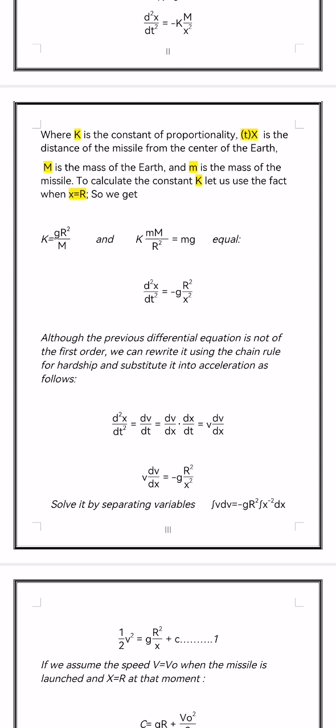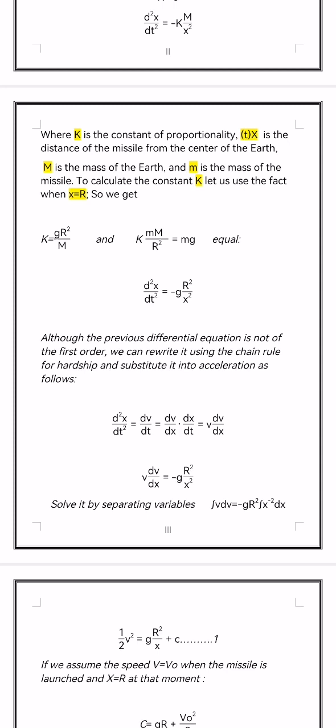So we get k equals gR square divided by M, and k m M divided by R square equals mg, and also d square x divided by dt square equals minus g R square divided by x square.